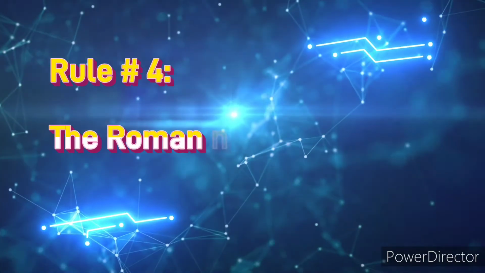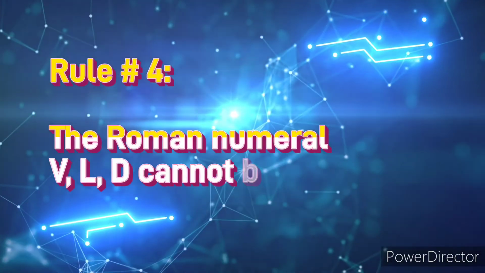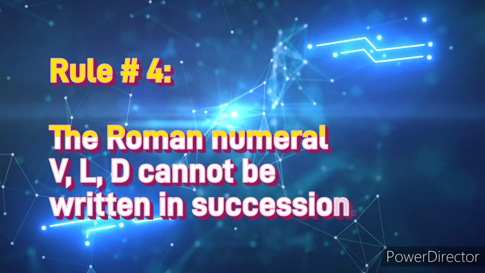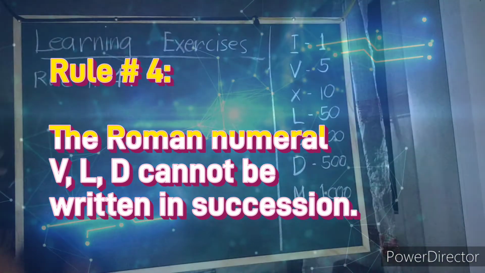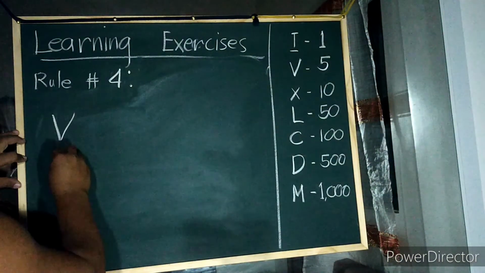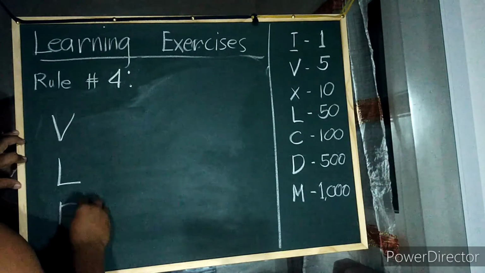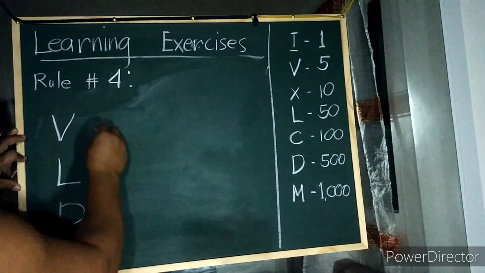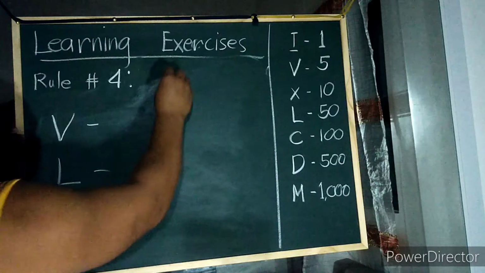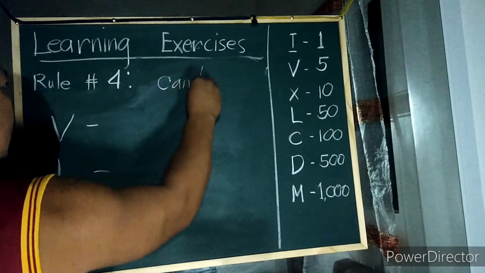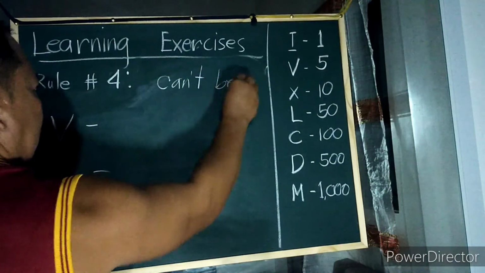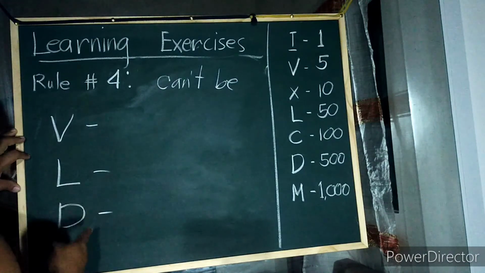Rule number 4. The Roman numeral letters V, L, D cannot be written in succession. The letter V, the letter L, the letter D can't be written in succession.